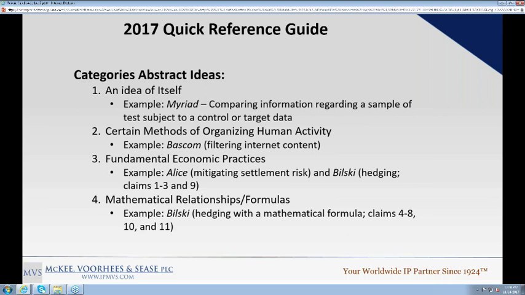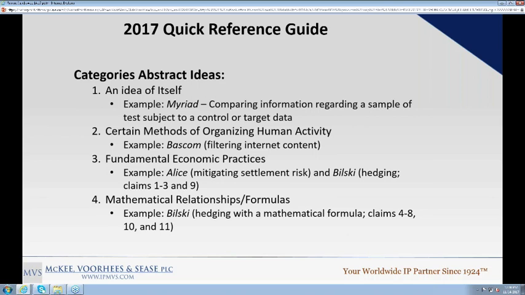Fundamental economic practices is the 3rd category. And 2 examples that I highlighted there are Alice with mitigating settlement risk, and Bilski for its teachings on hedging. What's interesting is that they broke apart Bilski, some of the claims. I mean, it's not terribly surprising. When we draft claims, we draft them with different scope.